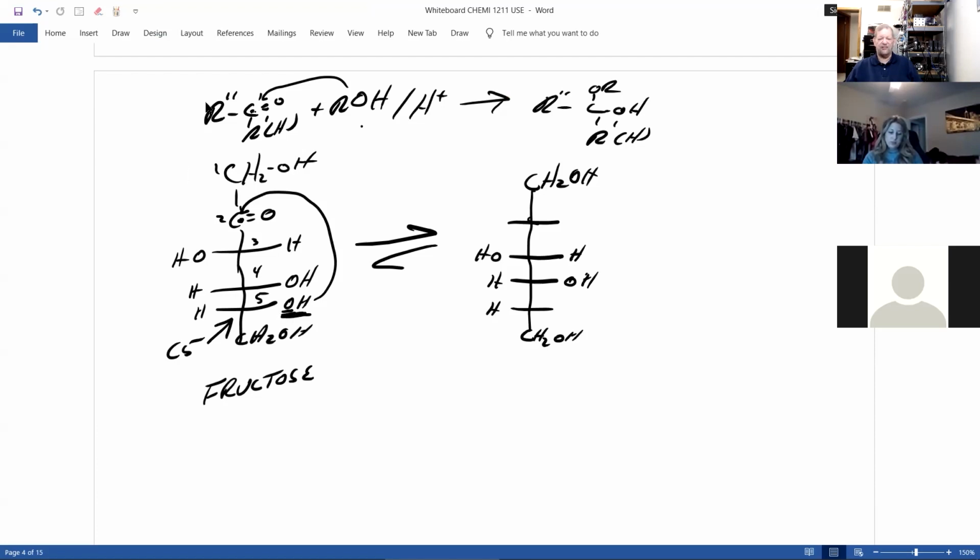This hydroxyl group is now this oxygen, which is bonded to what was the carbonyl carbon, this right here. And also on that, you'll see a hydroxyl group. And this is a cyclic form of fructose.